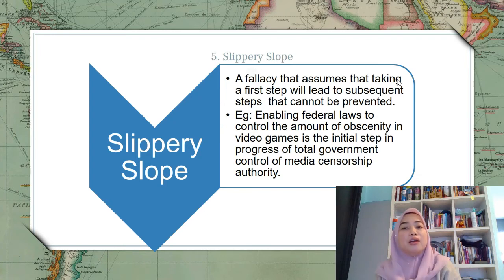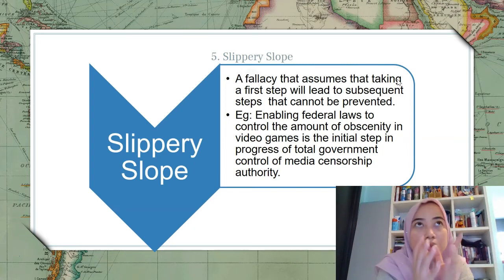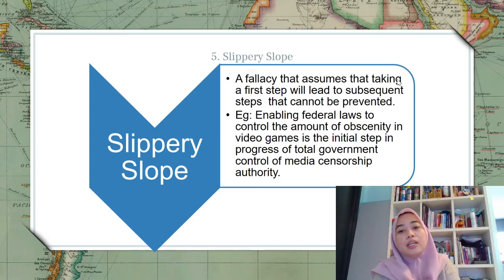So you're saying that by allowing people to control a small amount of something morally incorrect in video games, it's going to control everything around the world. Just because of one small step that you take, it's going to affect something very big, which is not the case.